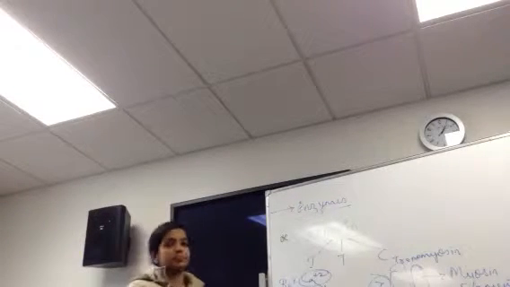Troponin I and troponin T are more specific for cardiac muscle. Which means every time you want to check if somebody is having a heart attack, we don't call it heart attack anymore, we call it myocardial infarction, you're going to measure troponin I and troponin T.